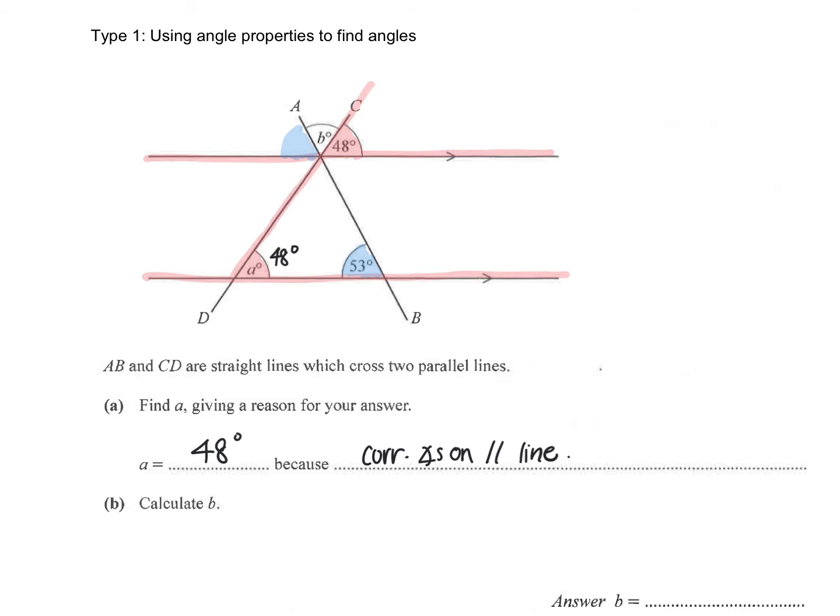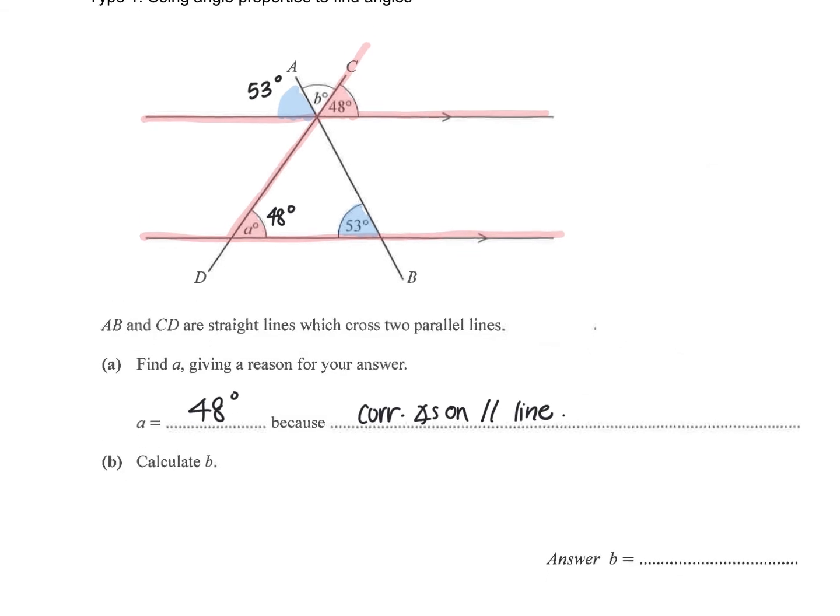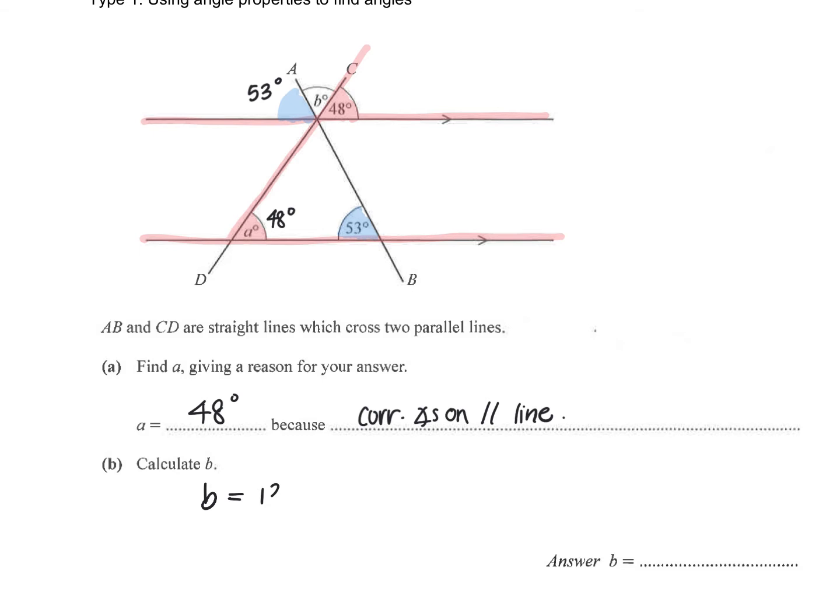Then I'm going to use adjacent angles on a straight line, the sum of angles on a straight line, to find angle B. So B will be equal to 180 minus 53 minus 48, adjacent angles on a straight line. And this answer will be 79 degrees.